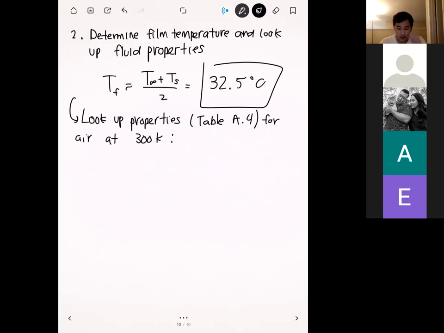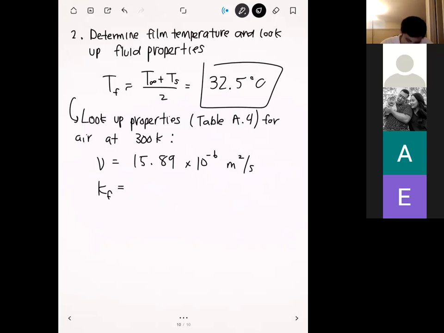And so for this one, since we have a film temperature of 32, we convert that to Kelvin, it's a little bit over 300. So it ends up being like 305, but it's close enough to 300 K that we can just round down to it. Okay. And these are the properties that we get. We get a kinematic viscosity of 15.89 times 10 to the minus 6 meters squared per second.